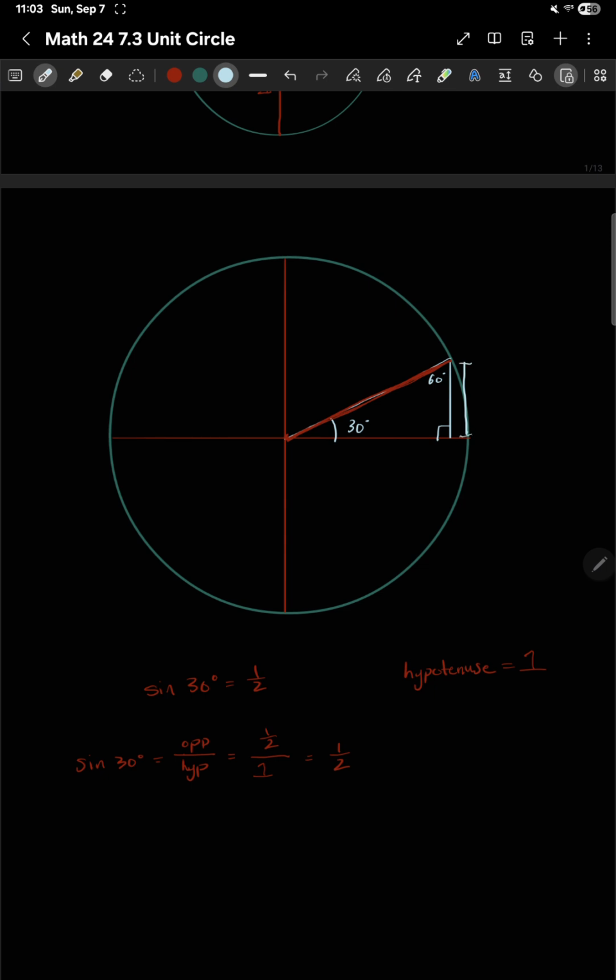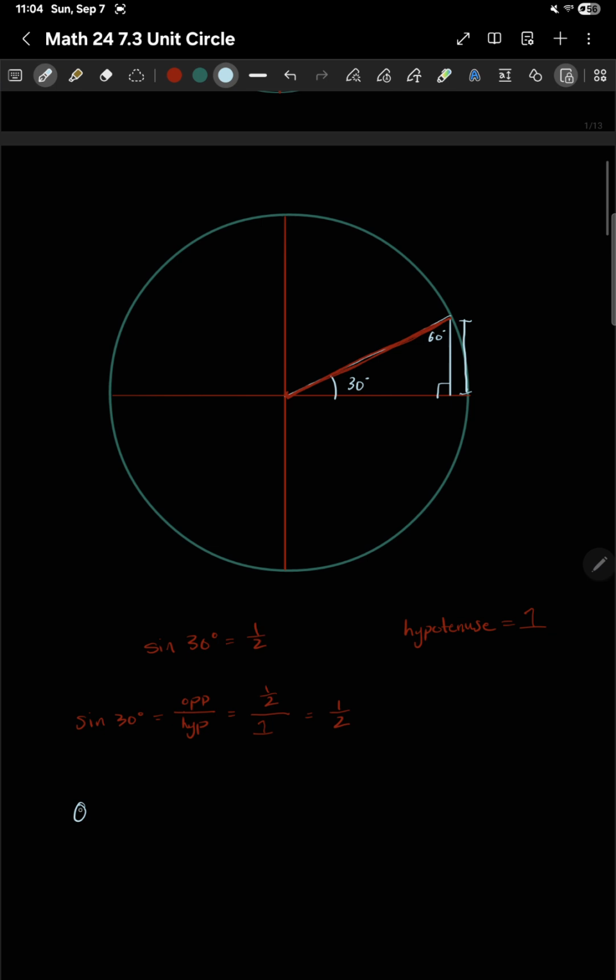This only works on the unit circle, because for any other triangle, it tells you a proportion of how big the opposite side is compared to the hypotenuse. But on the unit circle, the hypotenuse is equal to 1, so sine of 30 degrees tells you exactly how tall the triangle is going to be.